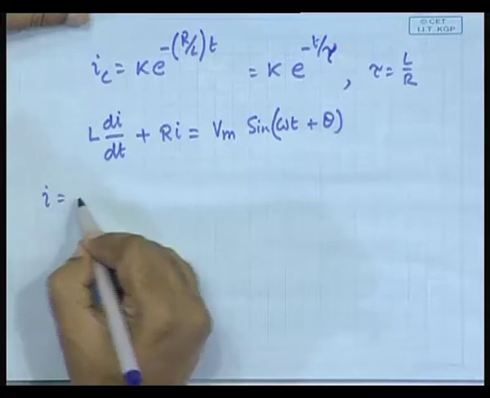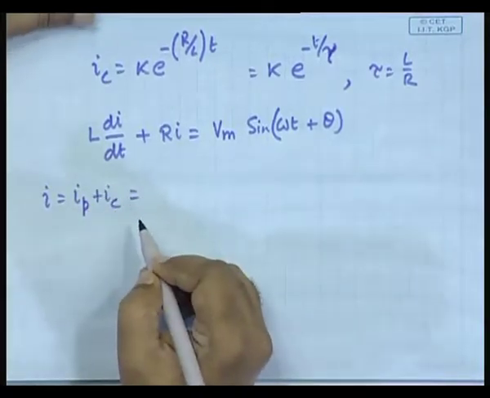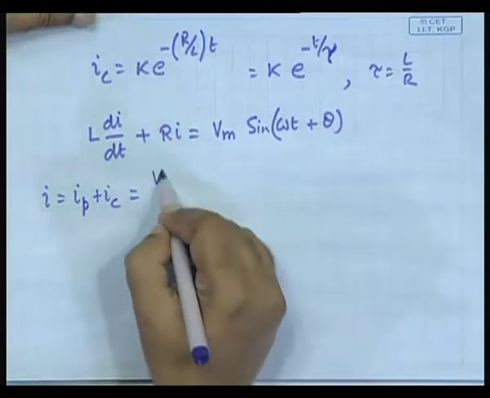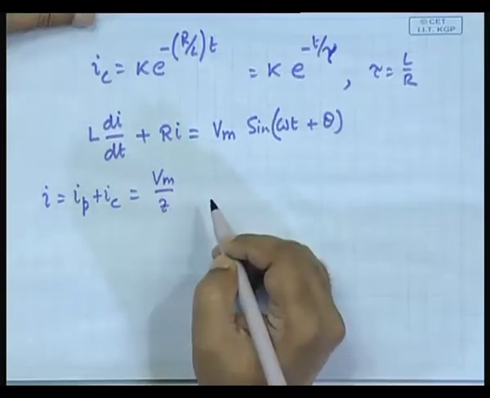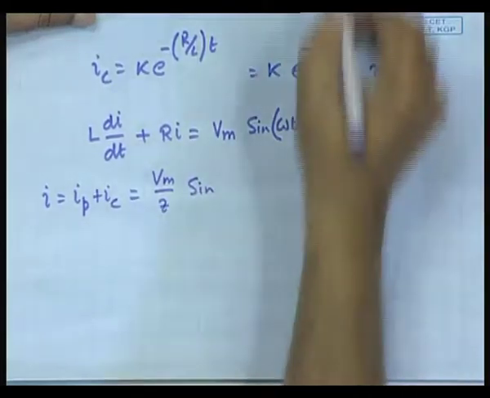The solution will be I is equal to I p plus I c, which is equal to V m by Z sin. Now, in place of omega t, we had the original one like this.